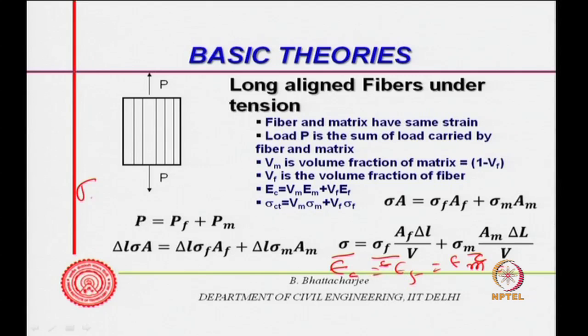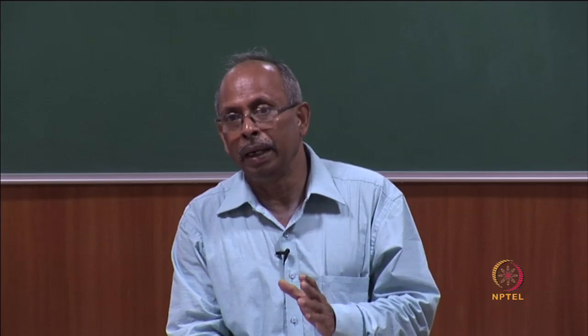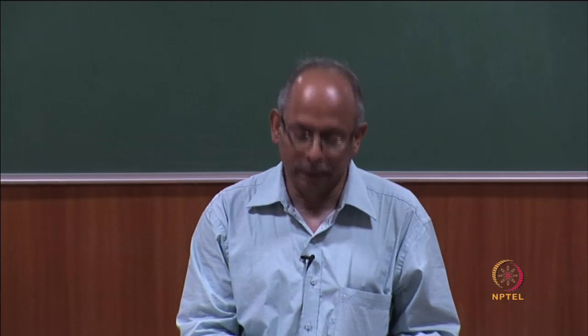So, sigma m by epsilon m, epsilon being the same, is nothing but E m. So, therefore, it follows that E composite equals V m E m plus V f E f, under the condition when the load is aligned along the direction of the fiber, load and fibers are all aligned, and this is how it is.